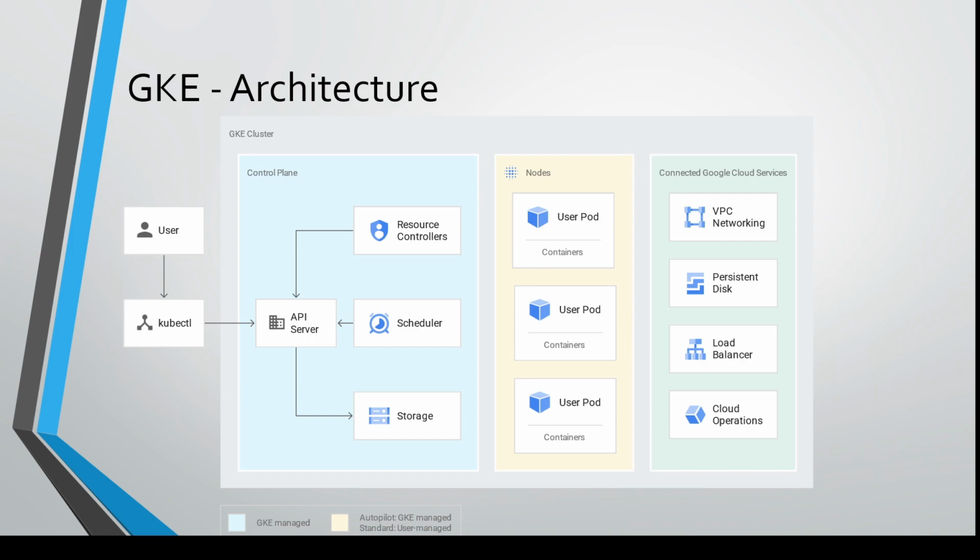The user configures the network settings, the storage information, and the operating system details that the nodes in the node pool use. So basically, if it's a standard mode cluster, it is user managed, and when you choose autopilot mode, it is Google managed. So that's what it mentions, right? That's pretty much it here.